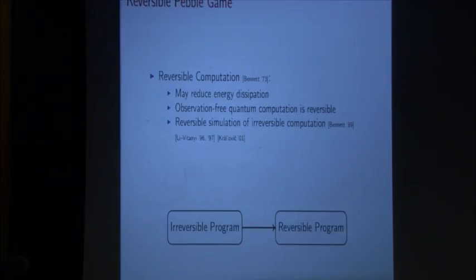So you want a reversible simulation of an irreversible program, and you want this simulation to be as efficient as possible. As an abstraction, Bennett mentioned that the reversible Pebble game is one way to achieve such a simulation, and different people studied the reversible Pebble game for this reason, to try to compile a normally written program into a reversible program as efficiently as possible. That's one reason people studied the reversible Pebble game.